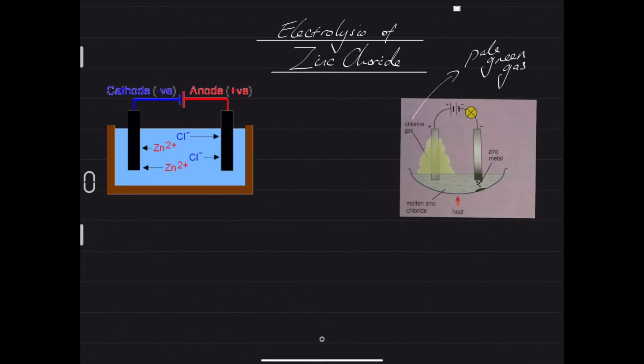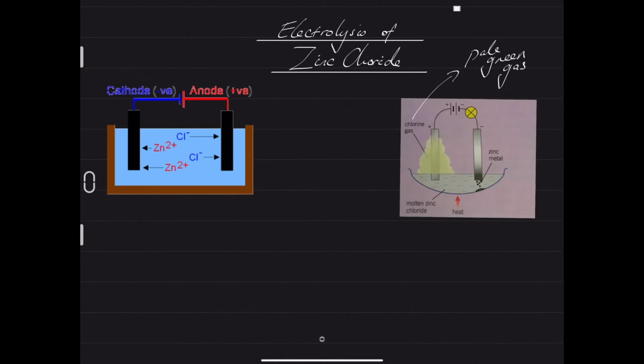Okay, so let's describe what's happening in regards to zinc chloride when we perform electrolysis. Sorry, not in solution, in the molten state.